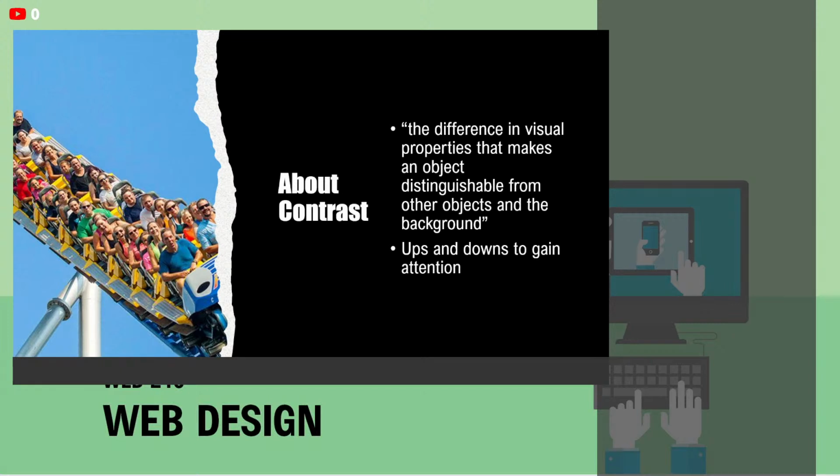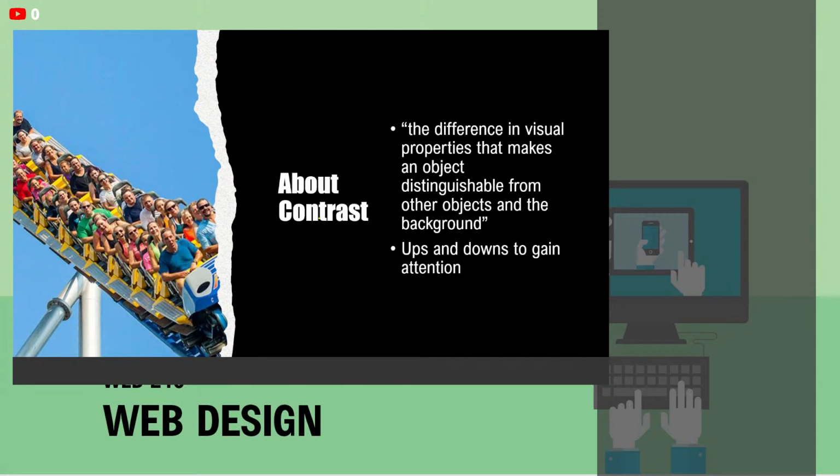When we think about examples of contrast that we've seen on websites, one of the big things we see oftentimes is a call-out box. So if we took this slide, for example, my title of the slide is a little bit bigger than the rest of the text, so it has that contrast in font size.